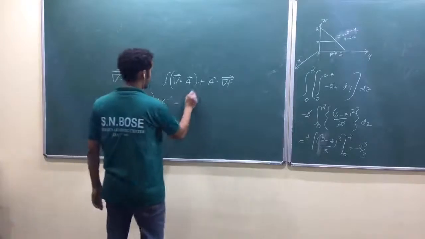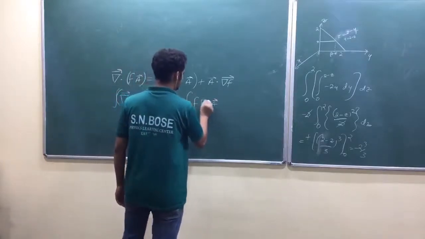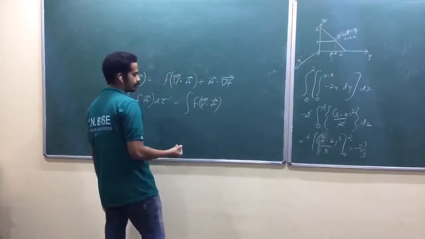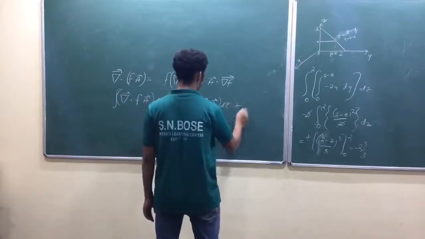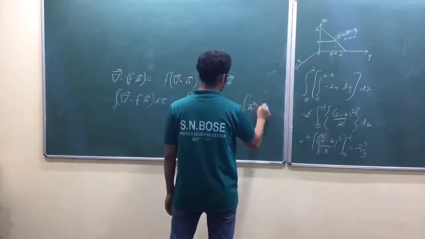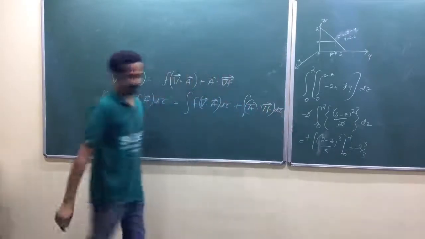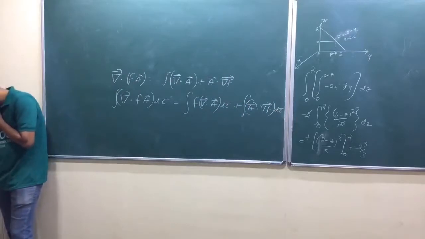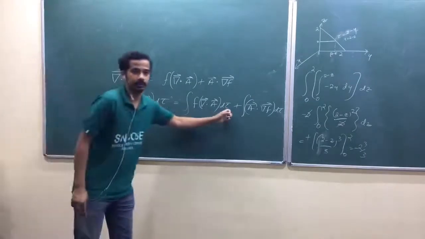Again, I can convert that into the volume integral of f del dot A d tau plus the volume integral of A dot del f d tau. Can I write like this? Yeah, we are going to use this one later. That's why I'm writing.